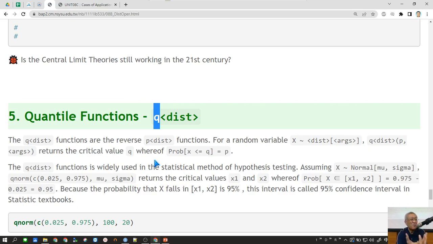Okay. Well, in our course, we actually do not care too much about confidence interval. By no means do I mean that confidence interval is not important, right? But we just do not have time to cover it too much. Actually, confidence interval is mostly used in the theoretical hypothesis testing scenario, right?